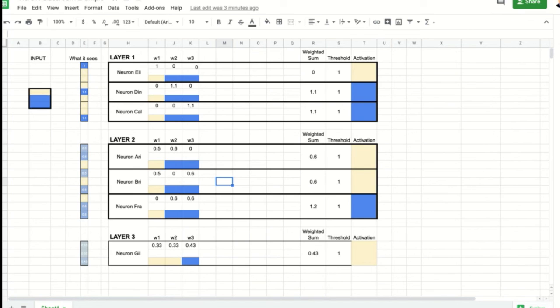That there's going to be a contribution being made by these different variables. And so you can think of the weights as when Gil tries to decide whether or not to fire, there's a certain contribution of information coming through the network from Fra, and a certain contribution from Bree, and a certain contribution from Airy.